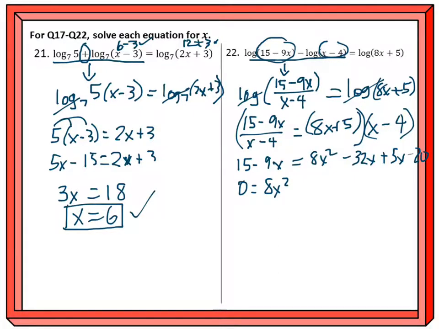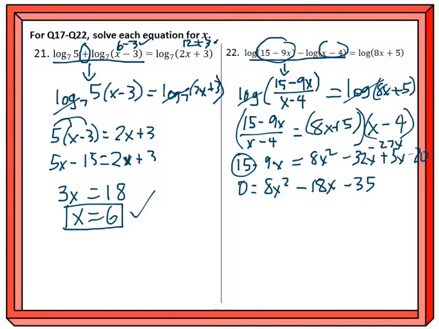I have a negative 32x plus 5x, that's negative 27x. And we're going to add the 9x to it, we're going to have a negative 18x. And then finally I have the 15 I have to subtract over to the other side, so it's negative 35.